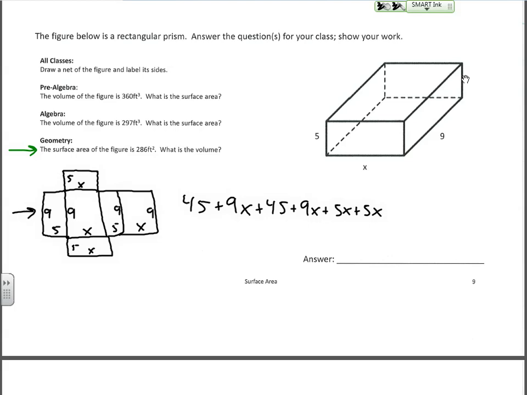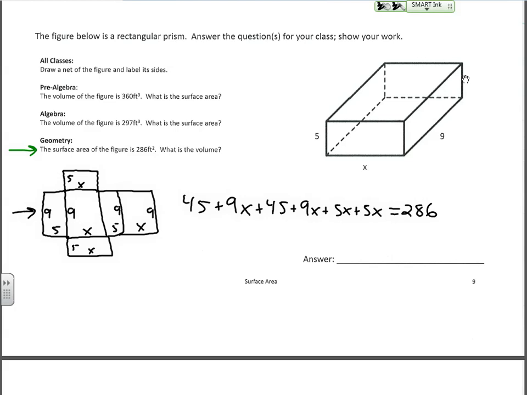And what do I know? I know the total surface area is going to be 286. So whatever x is, when I plug it into that expression, I'm going to get 286. Because that expression, 45 plus 9x plus 45 plus 9x plus 5x plus 5x equals 286. That's how I define the surface area. I know the surface area, and that's the expression that equals it.